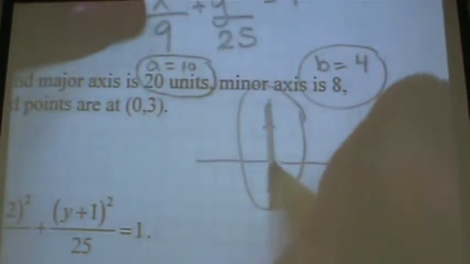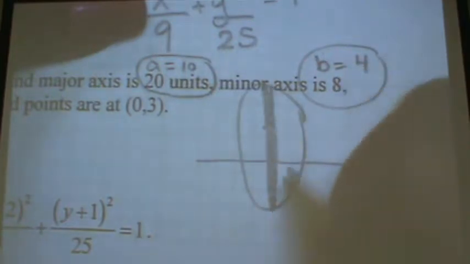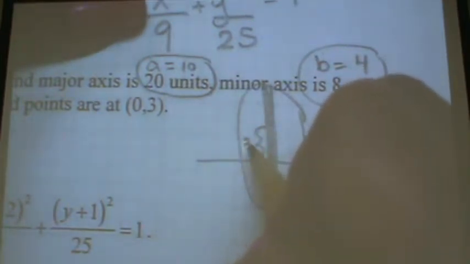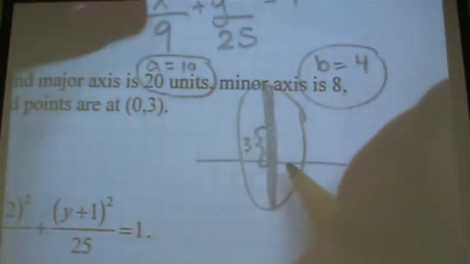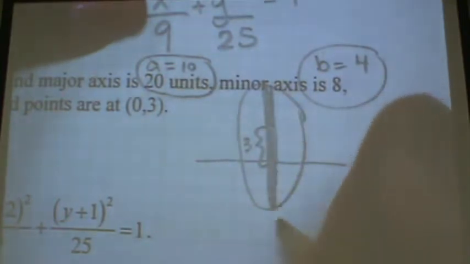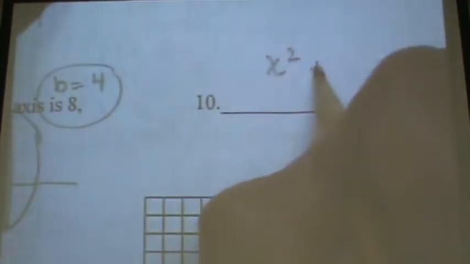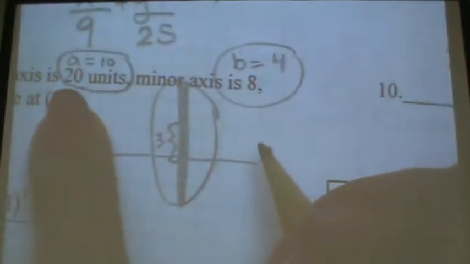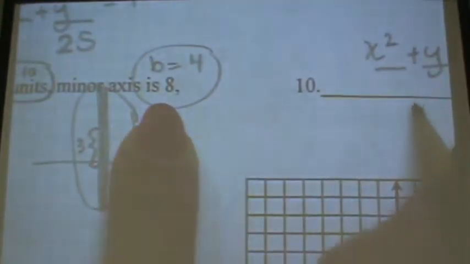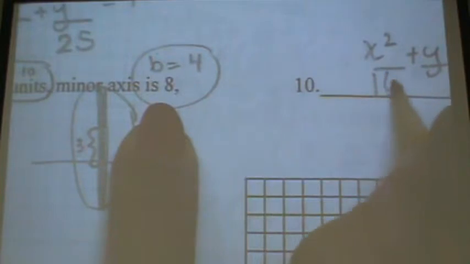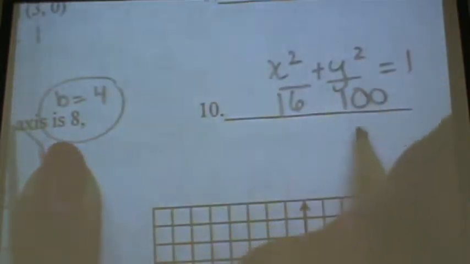Your fixed points are on your major axis. So from here to here is 10, and 10 and 10 is 20, and then here to here is 4, and 4 and 4 is 8. So this is going to be x squared plus y squared equals 1. Underneath your x value, you're going to put 16, and underneath y, you're going to put 100, because 10 squared is 100.